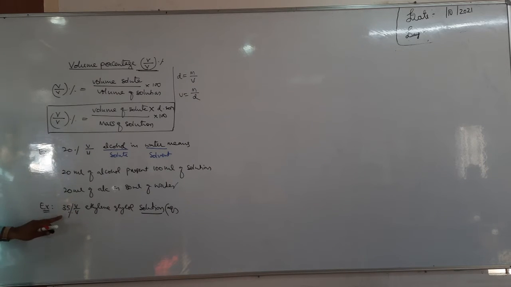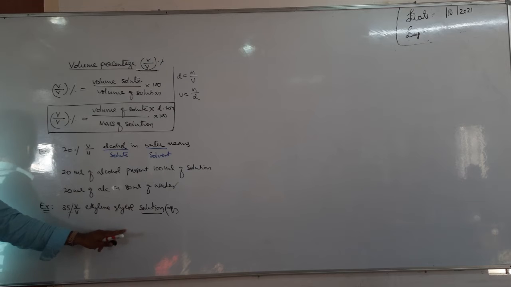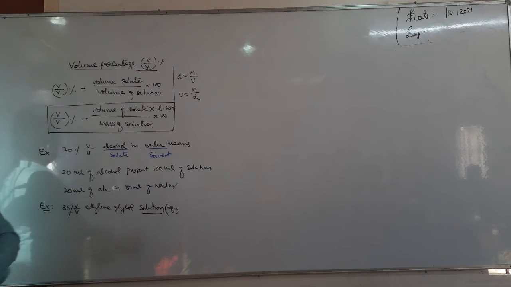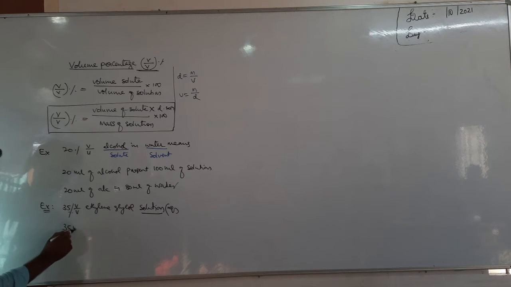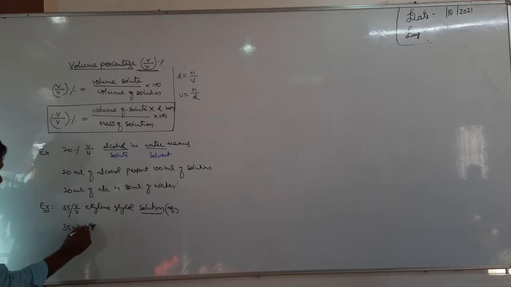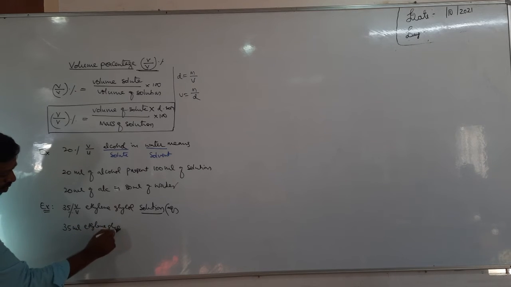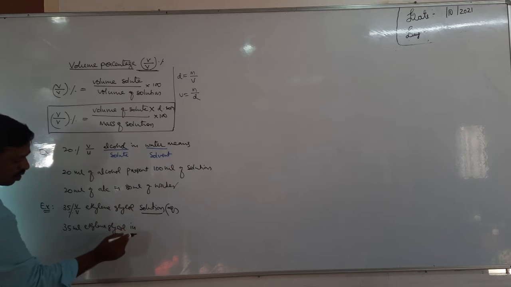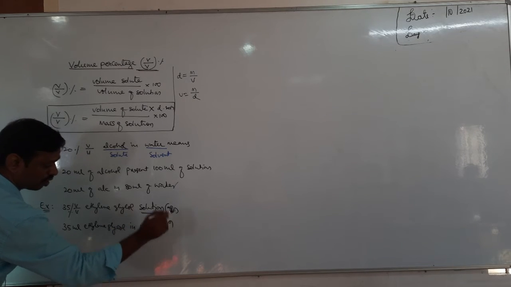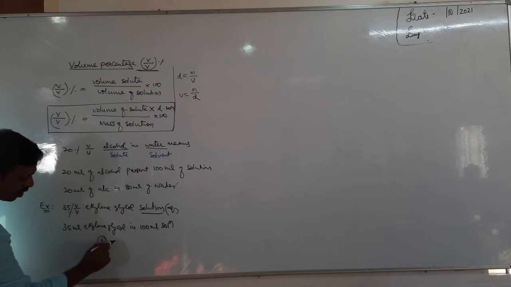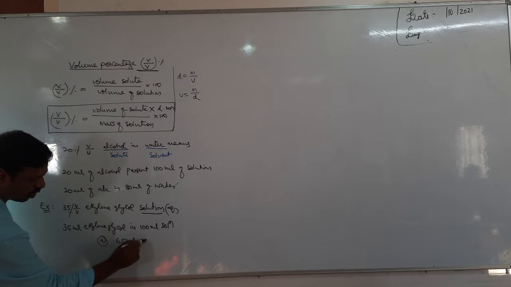So it means 35 ml of ethylene glycol present in how many ml of water? 65. It is 100 ml of solution, 65 ml of water. So it means 35 ml of ethylene glycol in 100 ml of solution, or else 65 ml of water.